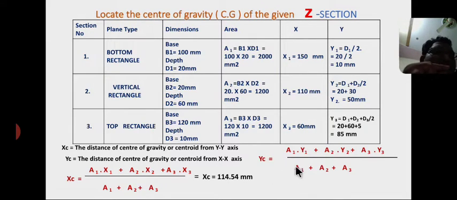Similarly, yc equals a1 y1 plus a2 y2 plus a3 y3 by a1 plus a2 plus a3, and the final answer is yc equals 41.36 mm.